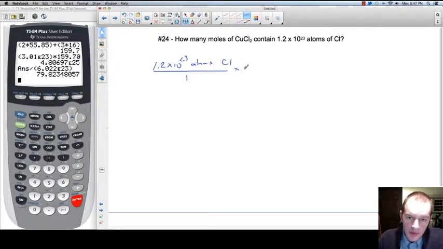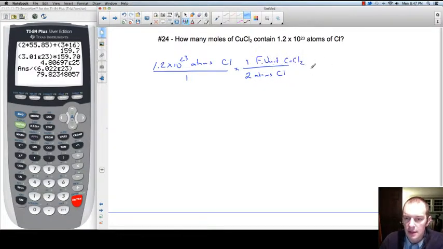Now, when we look at this formula, there are 2 atoms of Cl for every 1 formula unit of CuCl2. So we want to make sure we take care of that. Now we want to take those formula units and convert them into moles.